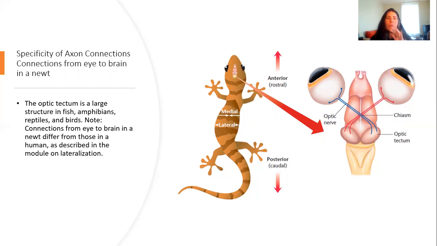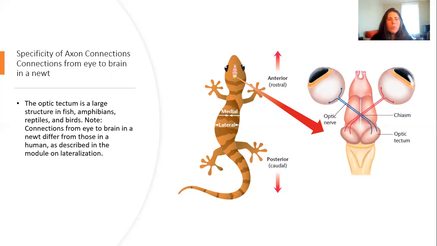So information for vision goes from the retina through the optic nerve to the thalamus. Sperry cut that connection. Now in the newt, these neurons can regenerate.